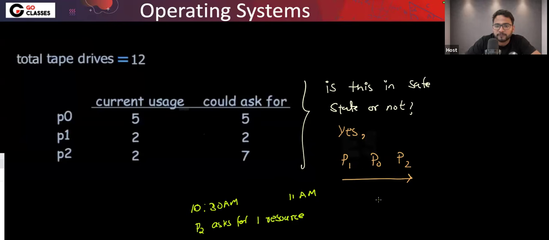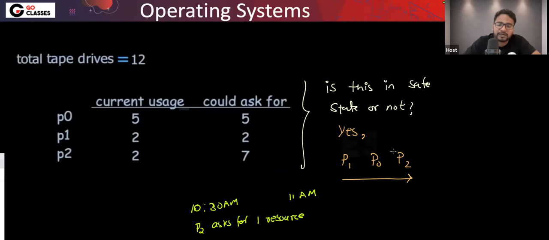This is the question. The safe sequence is okay for everyone, right? What the safe sequence is saying is that if P1 asks for its maximum, followed by P0, followed by P2, then we are very good.